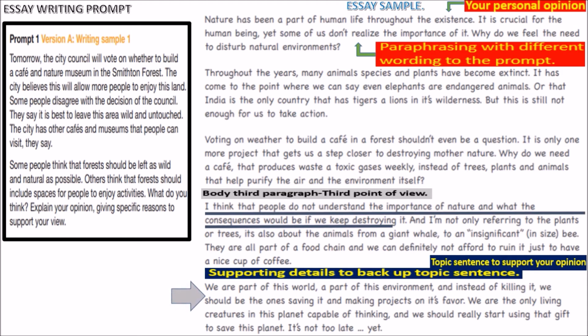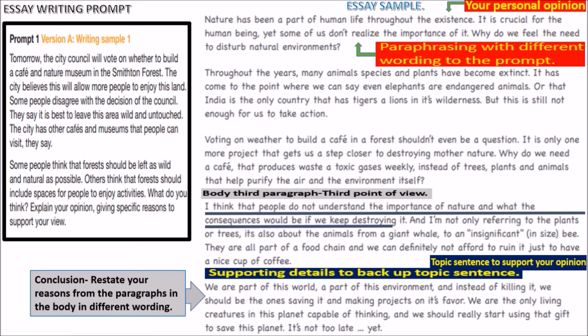Now we have the last paragraph, which is the conclusion. So let's have a look at the conclusion. So this is where the conclusion restates your reasons for the paragraphs in the body in different wording. We are part of this world, a part of this environment, and instead of killing it, we should be the ones saving it and making projects in its favor.